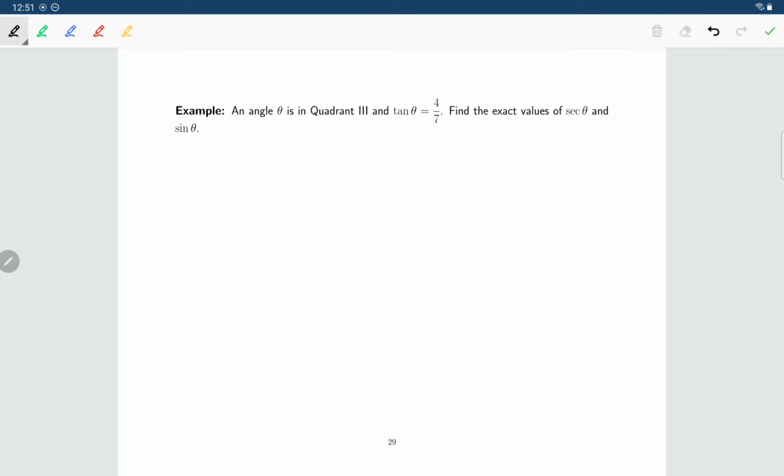So we know that our angle is in quadrant 3, the x value must be negative, and also the y value must be negative. So if tangent of theta is 4/7, then the y value must be negative 4, and the x value could then be negative 7.